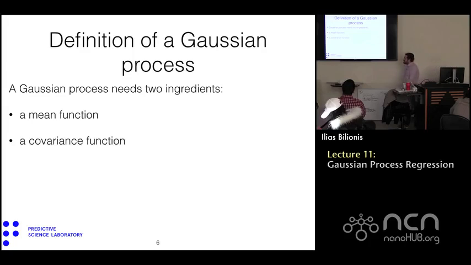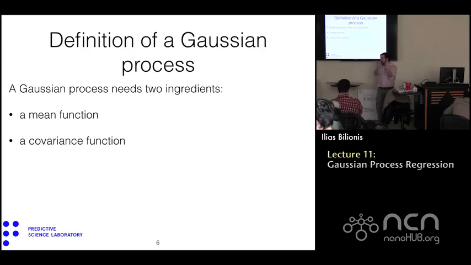And the covariance function is the second ingredient, and that covariance function is a function of 2 things, an x and an x prime, and it quantifies the similarity of the function values at 2 different input points. The covariance function evaluated at x and x prime tells you how likely it is that the function values at x and x prime are similar.